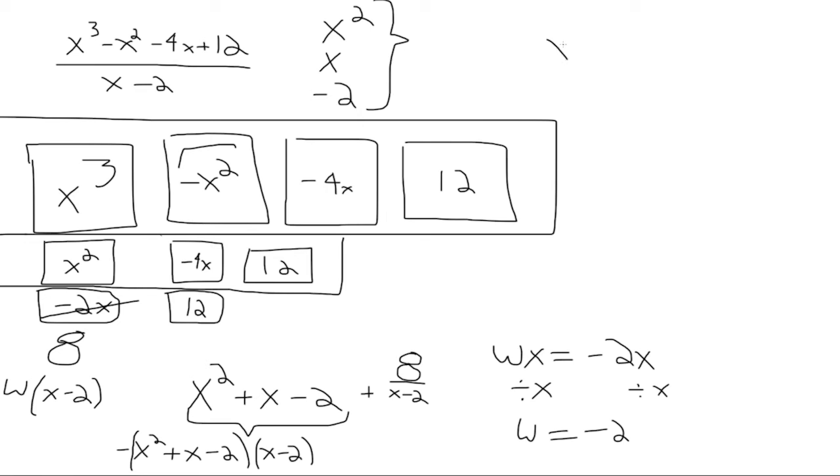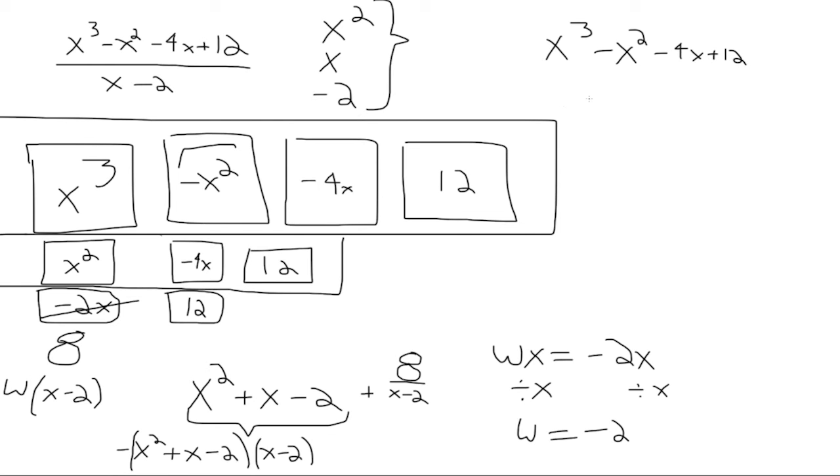So we had x cubed minus x squared minus 4x plus 12.